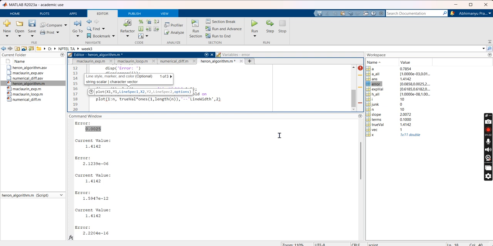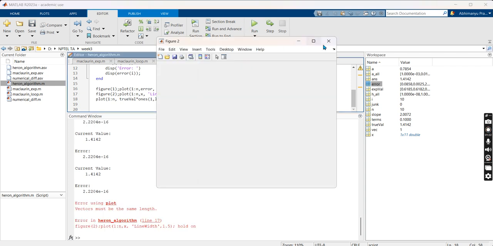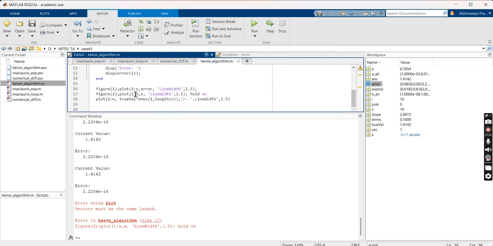Dashed line, and a red dashed line. The true value is 1 into length n.